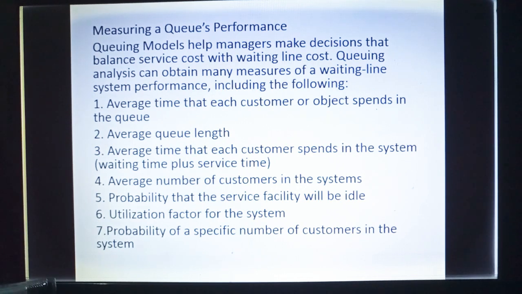And then the probability of a specific number of customers in the system. That is also important in measuring the queue's performance, because if, for example, I am the owner of a certain business and I do not improve the performance of the queuing system, then some of the customers might leave our business.